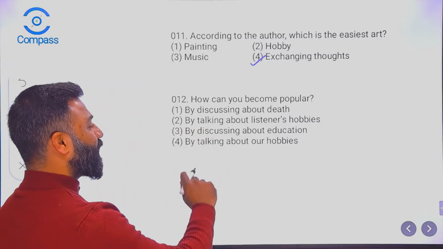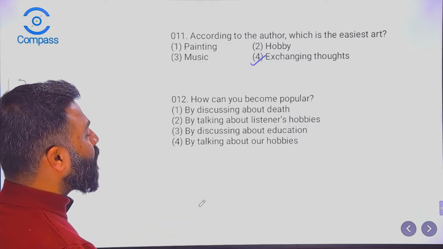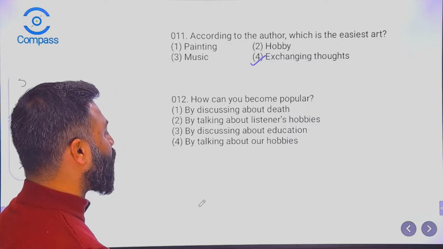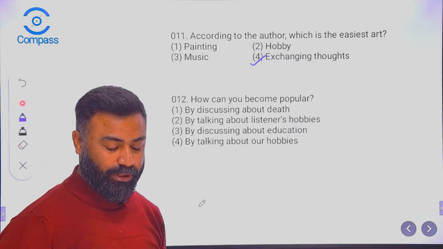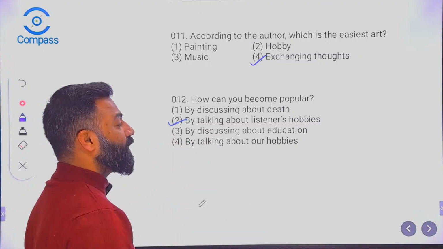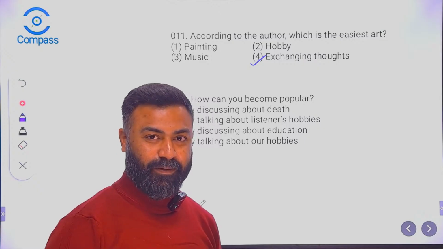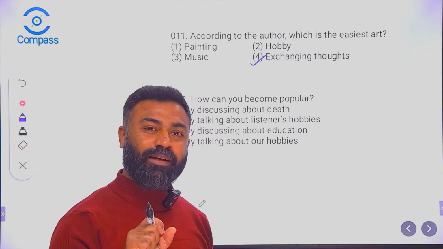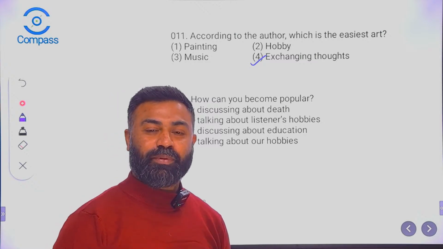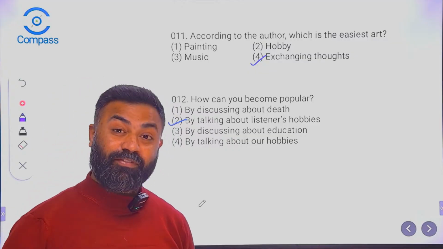B, second one, by talking about listeners' hobbies. By discussing about education, by talking about our hobbies. What do you think? What is the correct answer? It is by talking about listeners' hobby. You need to be a good listener. Don't just do the talking. You just have to sometimes sit quietly and listen to the other person's hobby. Take interest, right? One must not make faces.